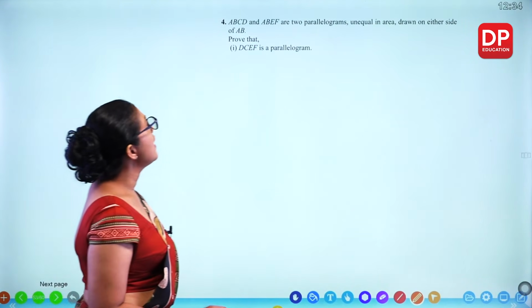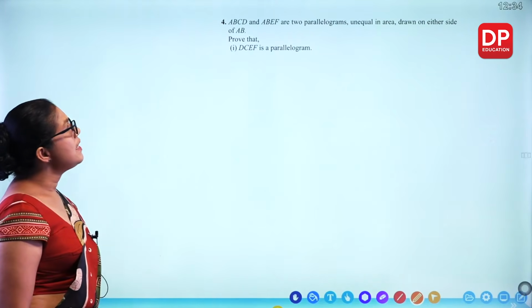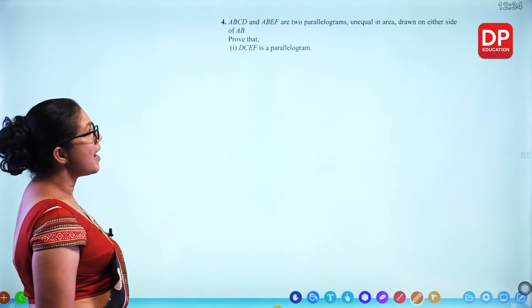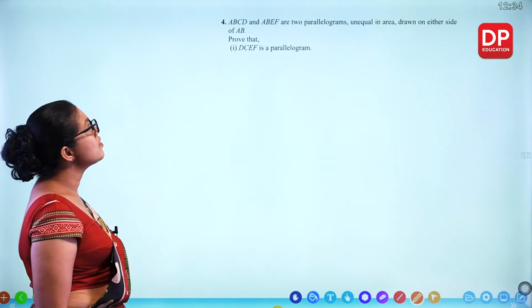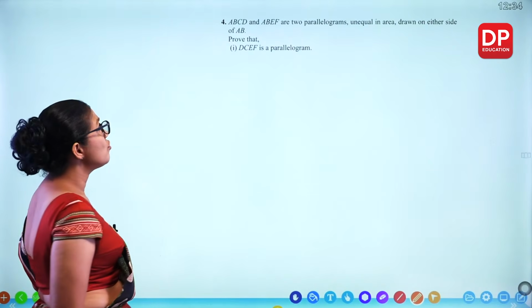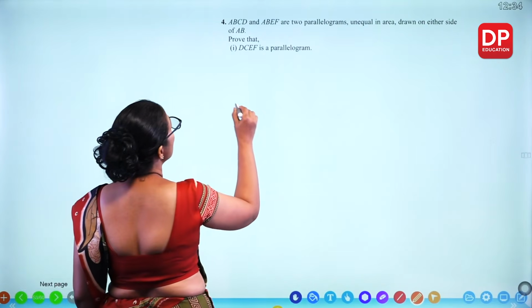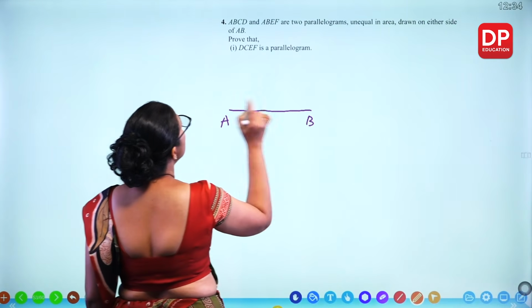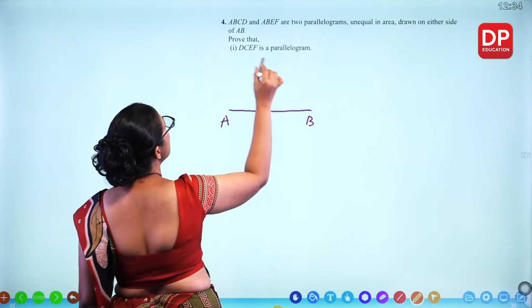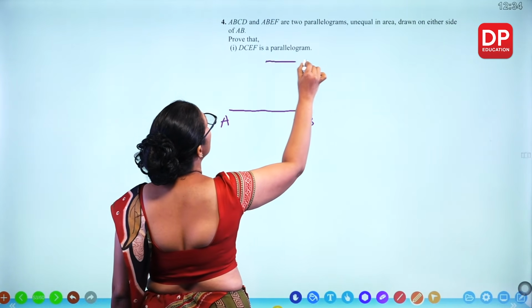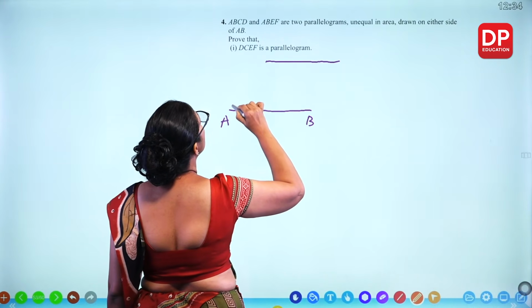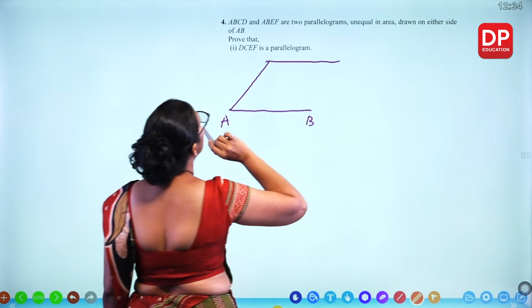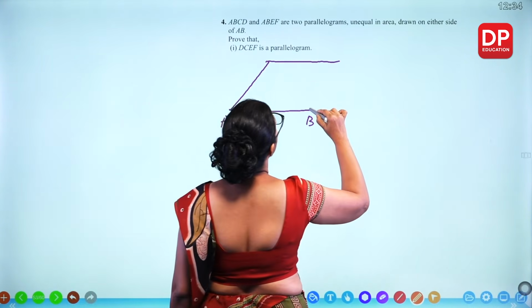Question number 4. ABCD and ABEF are two parallelograms unequal in area drawn on each side of AB. So we need to draw the diagram. So we'll take AB as this, ABCD. So here we can draw CD.